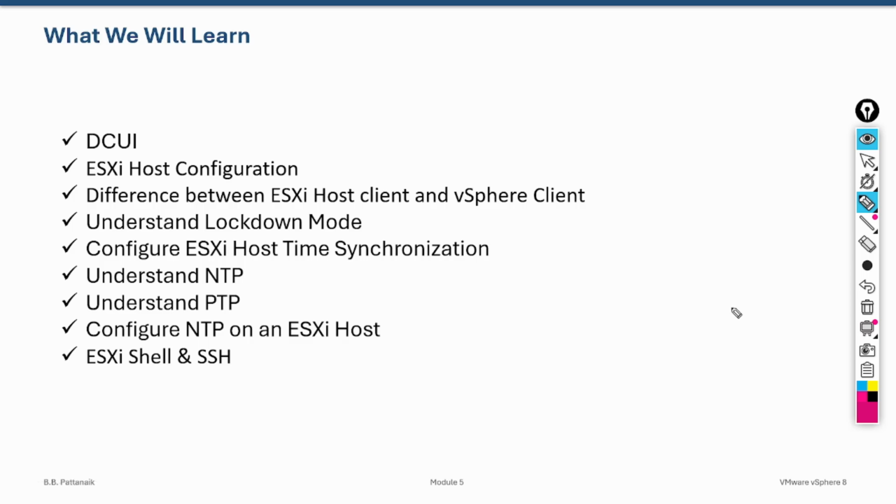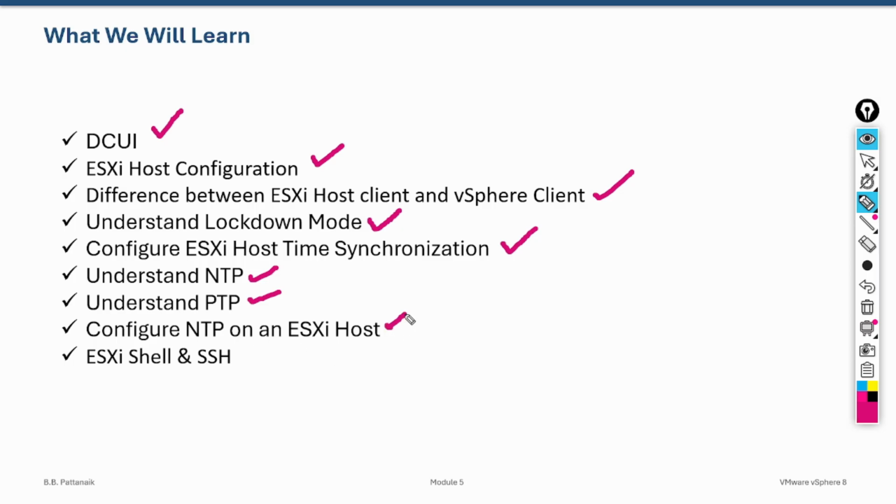In this lesson, we will cover several important ESXi administration topics. So what will we cover in this lesson? We will cover DCUI, ESXi host configuration, the difference between ESXi host client and vSphere client, understanding lockdown mode, and ESXi host time synchronization, where we will discuss what NTP is, what PTP is, and configuring NTP on an ESXi host.